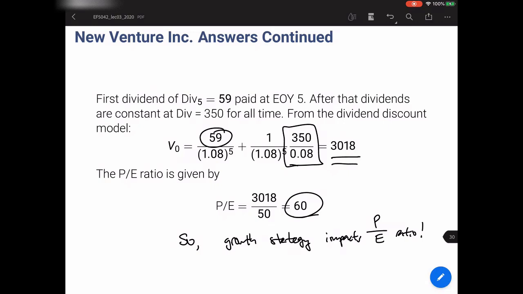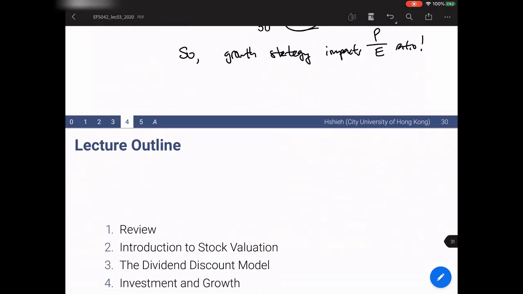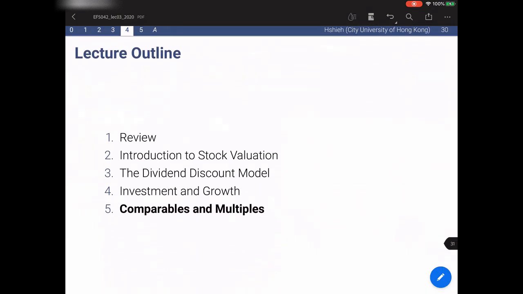So what I want to conclude this lecture by talking about is a sanity check to our dividend discount model. So I want to introduce the concept of multiples. Okay, so the idea is quite simple.